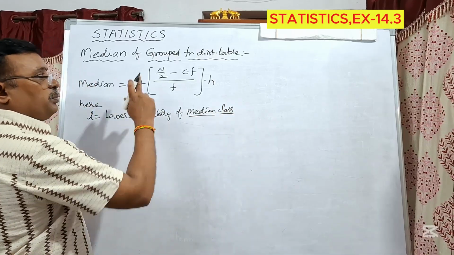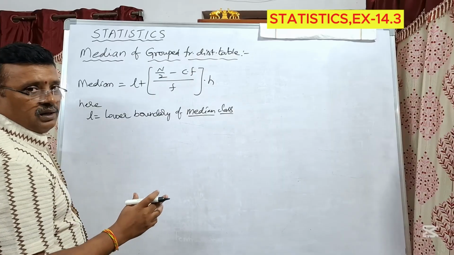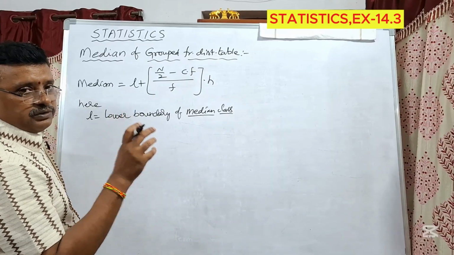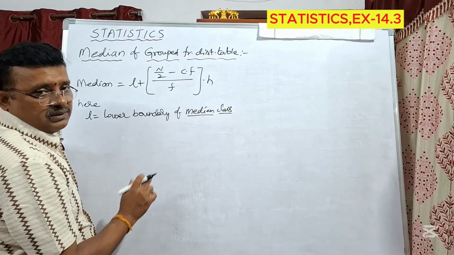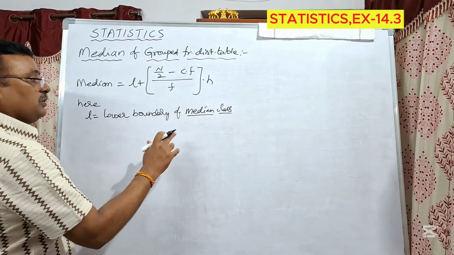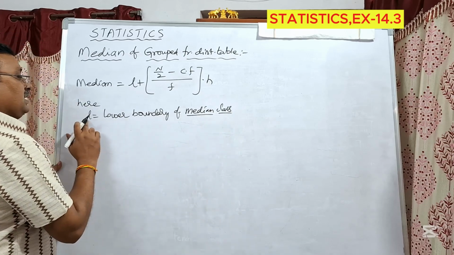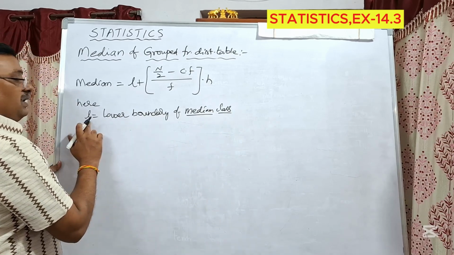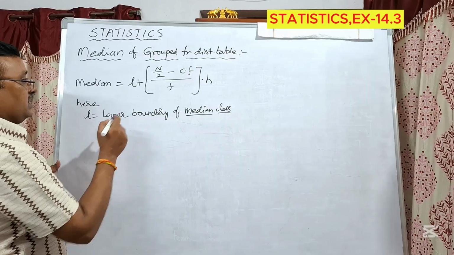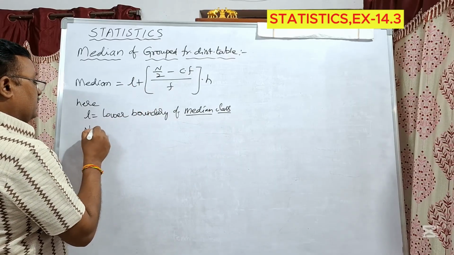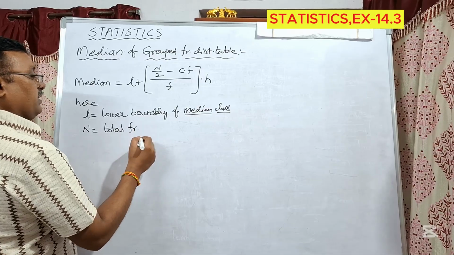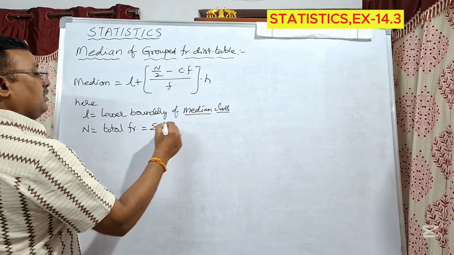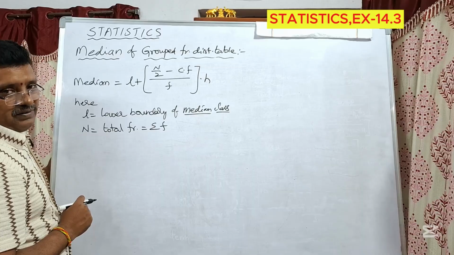So in the grouped frequency distribution table, we need to apply one process to identify the median class, to trace out the median class. For that median class, the lower boundary will be the L value. Next, N is equal to total frequency, which is also called sigma f value.